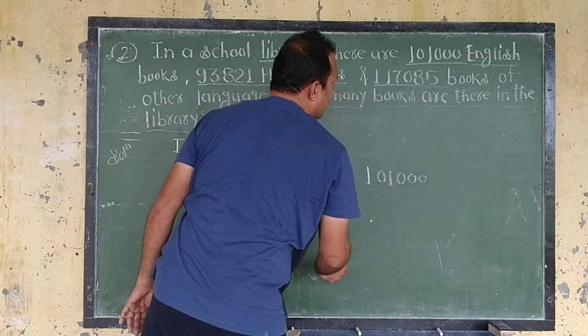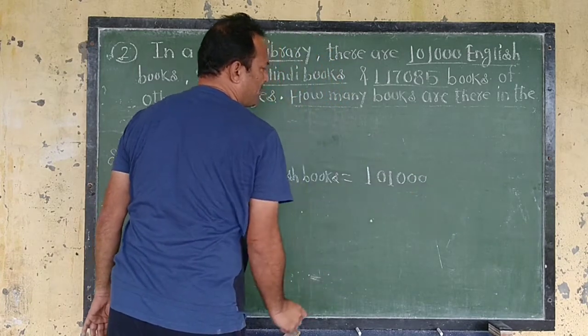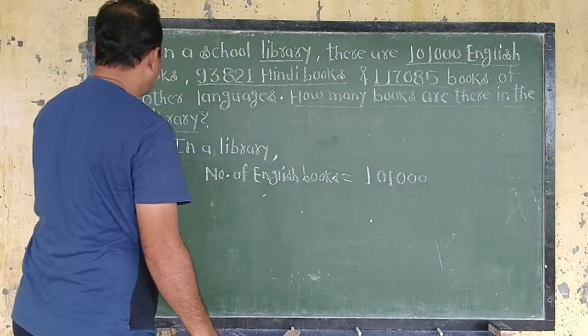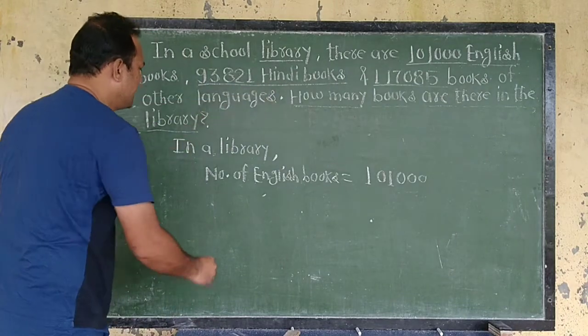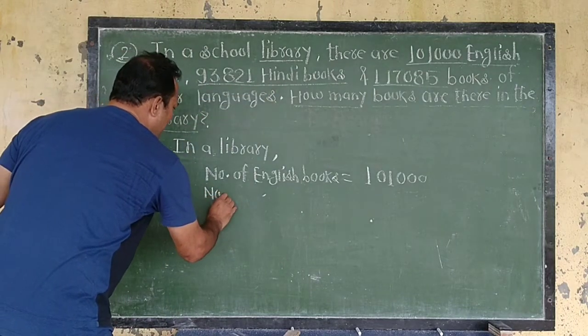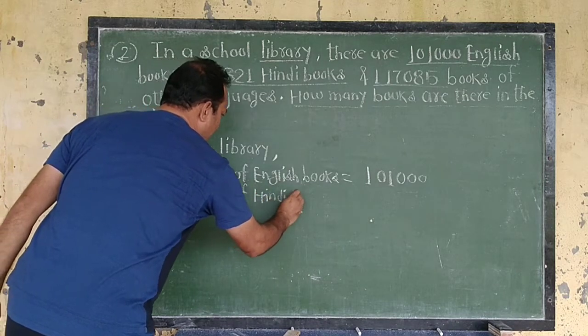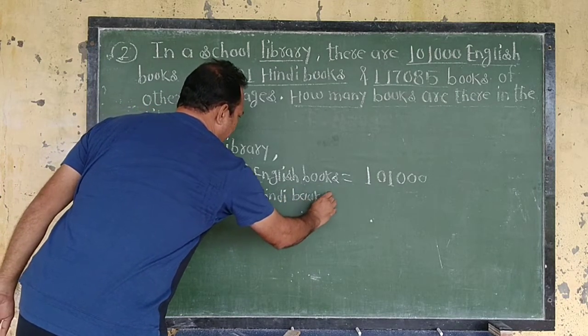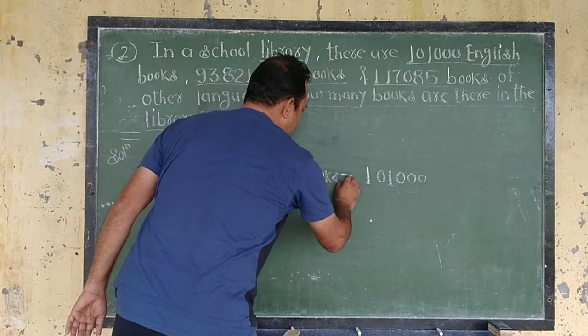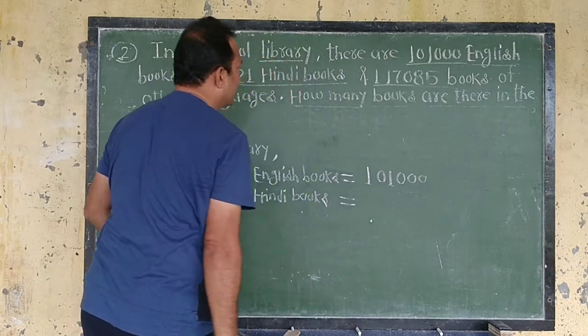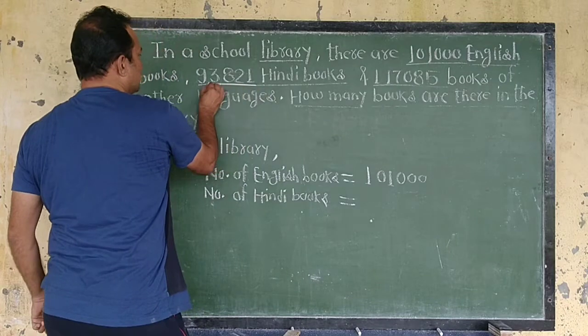Write clearly and separately. Give proper space between the digits. After that what is given? Hindi books. Then write here number of Hindi books is equal to, exactly below the is equal to, arrange this number from this side.